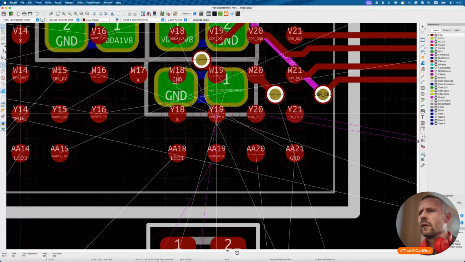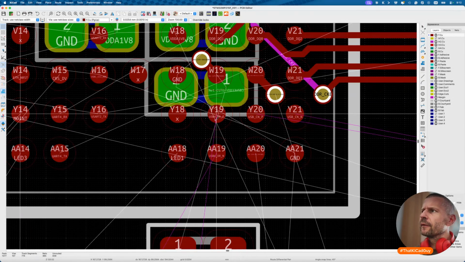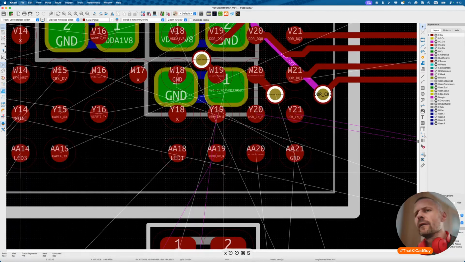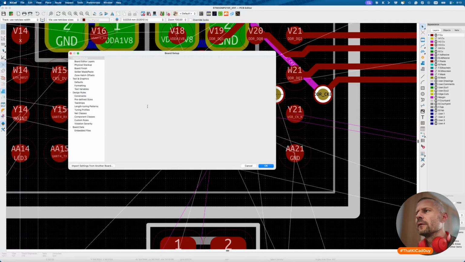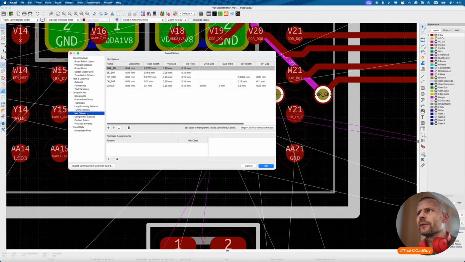Yeah. The USB line can be tricky because, see, we have to review the USB differential pair parameters as well, because it's difficult to find room for even a single track.